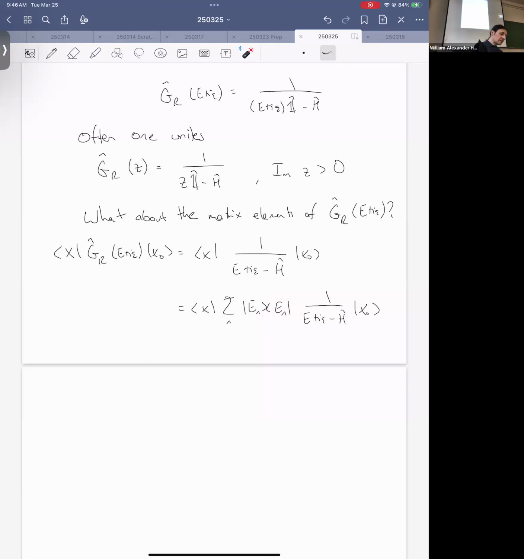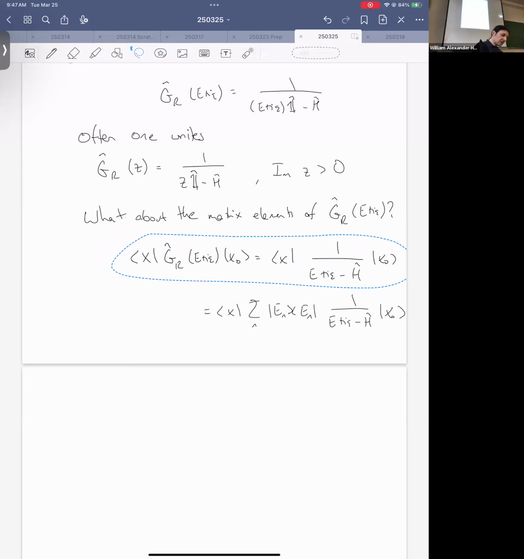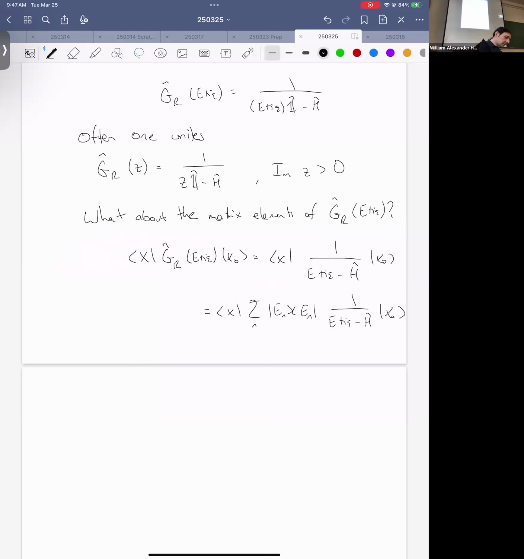So in fact, let me make this a bit more clear. We're asking for some function. I think I'm going to run out of room. So the matrix element is a function of E plus i epsilon, and then x and x0.